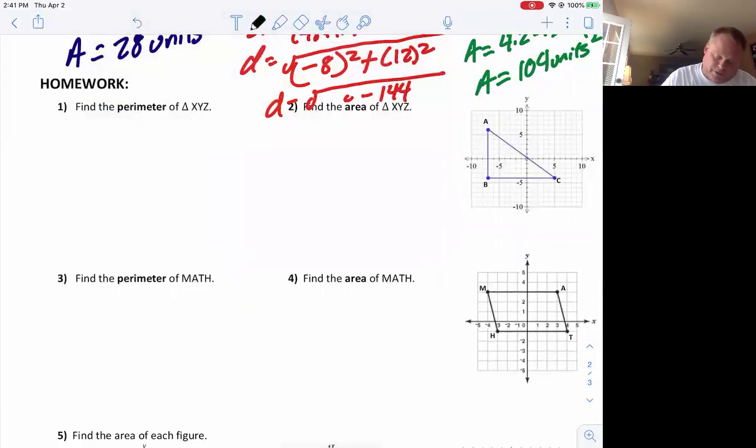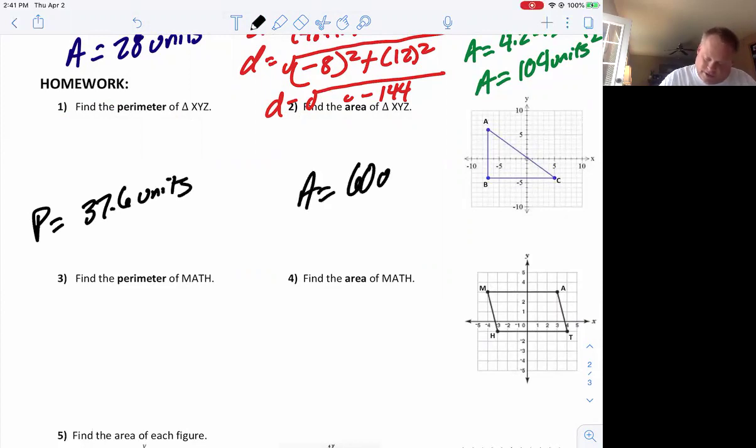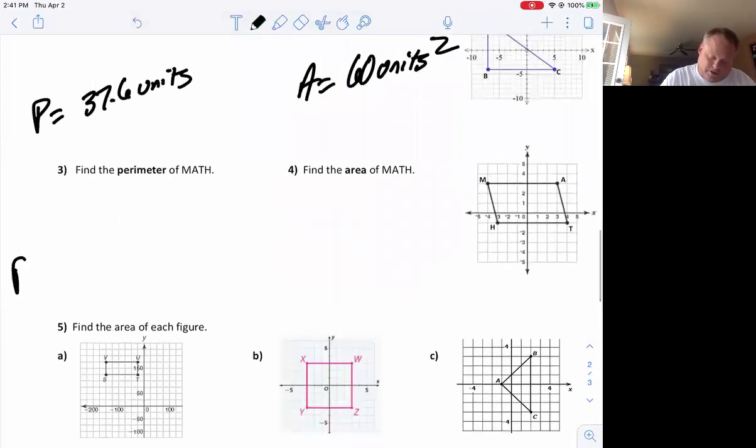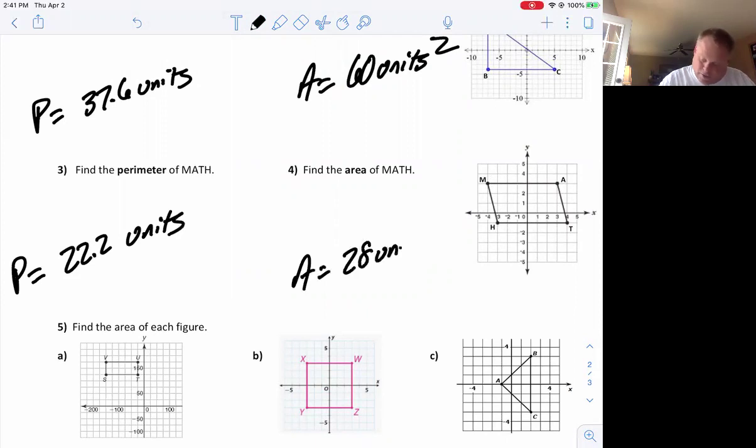The first one, the perimeter, is going to end up being 37.6 units. Number two, the area is going to end up being 60 units squared. Perimeter here is going to end up being 22.2 units. And area here is going to end up being 28 units squared.